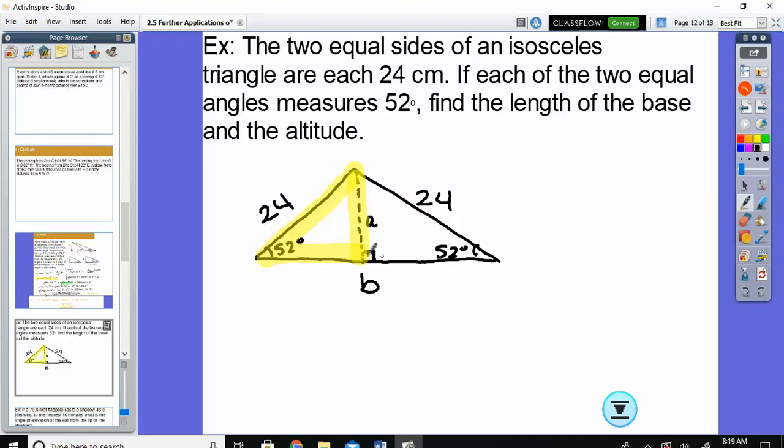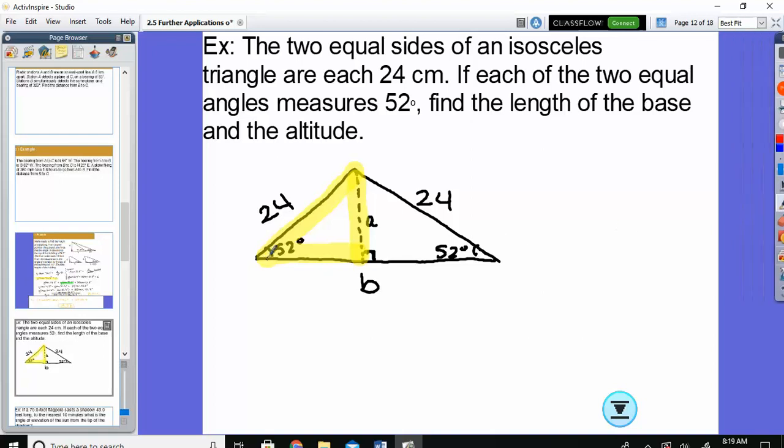So if I wanted to find A, from this angle, A is the opposite, 24 is the hypotenuse, so that would be sine. Multiply over 24.